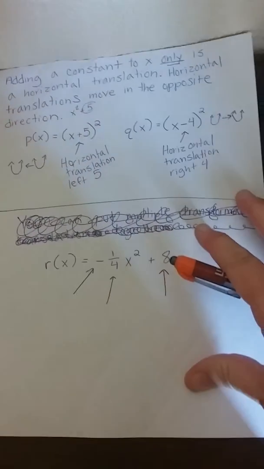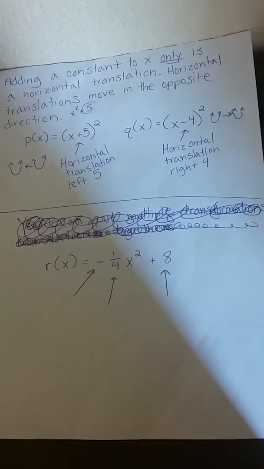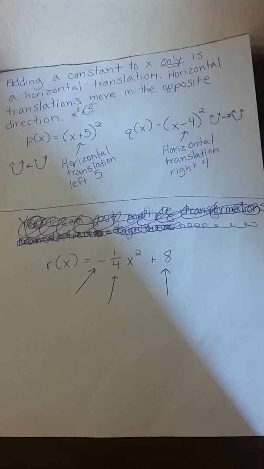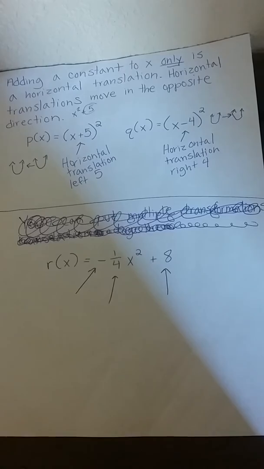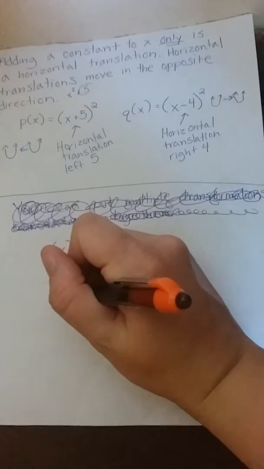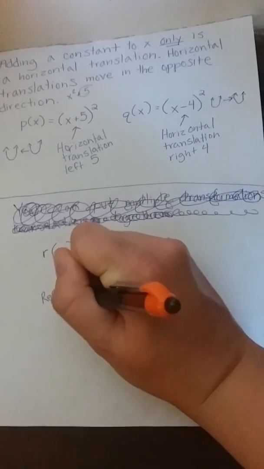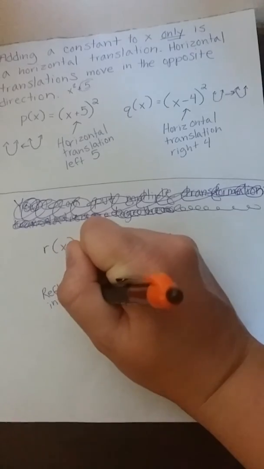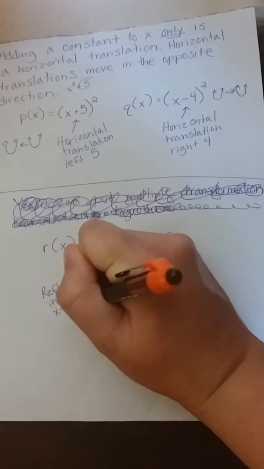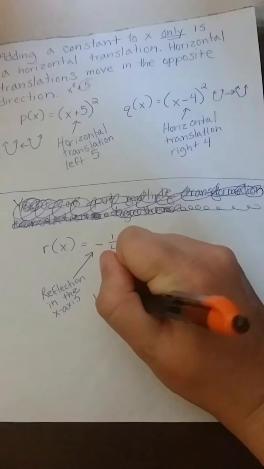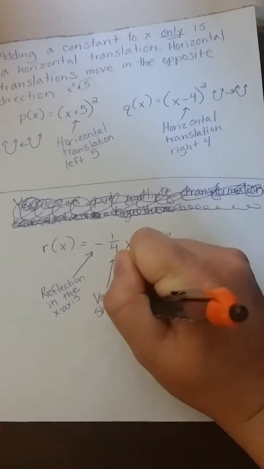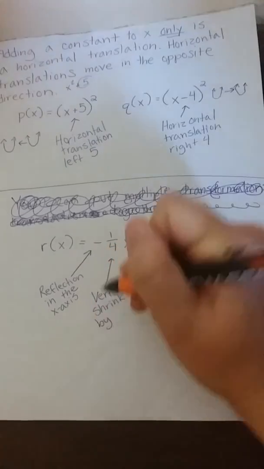Then you can put these together in any way you want. So if we look down here, this function, r of x equals -1/4 x squared plus 8, this actually has 3 different things going on. So we have a reflection in the x-axis because there's a negative. We have a vertical shrink because it's less than 1 by a factor of 1/4.